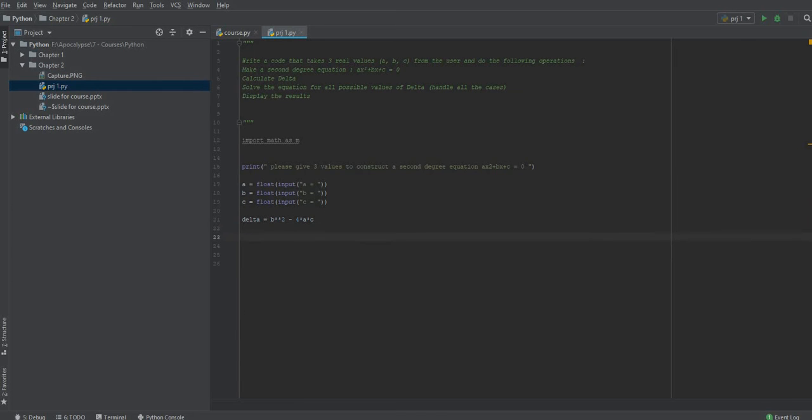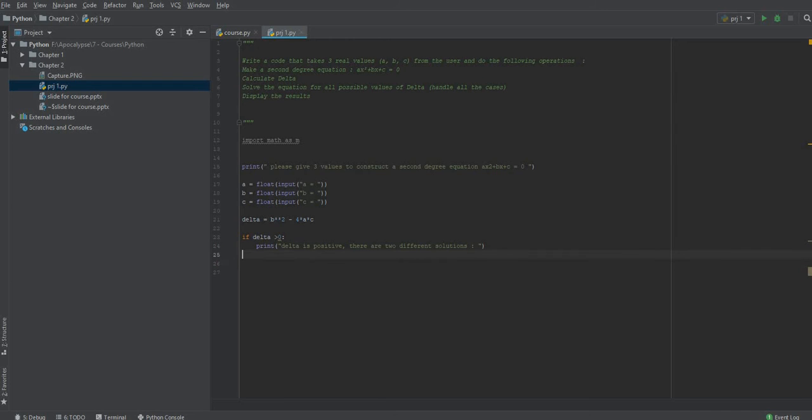Now if delta is positive, print: delta is positive, there are two different solutions.